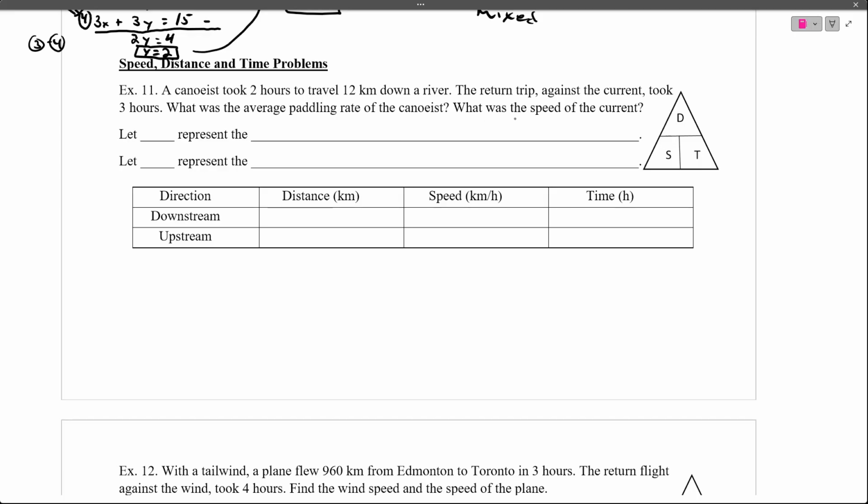Well, it's the speed of the current and the average paddling rate of the canoe. Those are our two unknowns. It told us in the question. So let x be the average paddling speed, and let y represent the speed of the current.